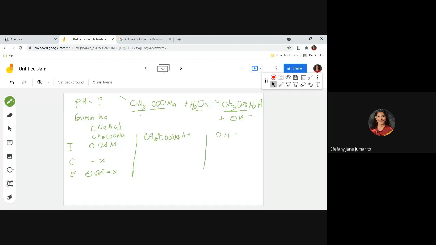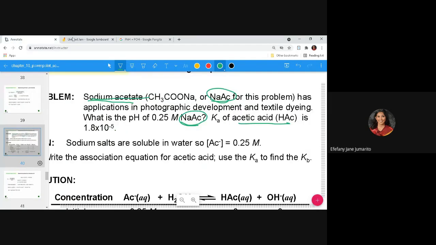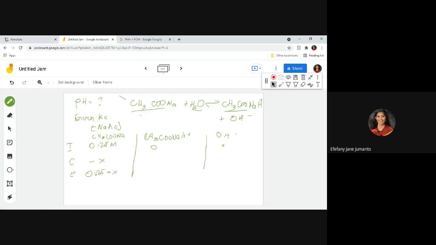Sodium acetate. So we have 0. Yes, ma'am, 0. Okay, then for the change, put X.